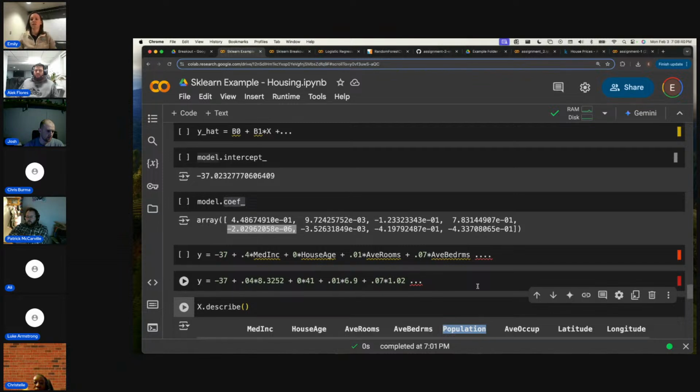And if we look at something like square footage, your range is much larger. So the number that your model multiplies square footage by for your outcome is going to be very different than the number your model multiplies number of bedrooms by. For example, you add a bedroom, maybe that's worth another $10,000. You add 1 square foot, that is certainly not worth $10,000.